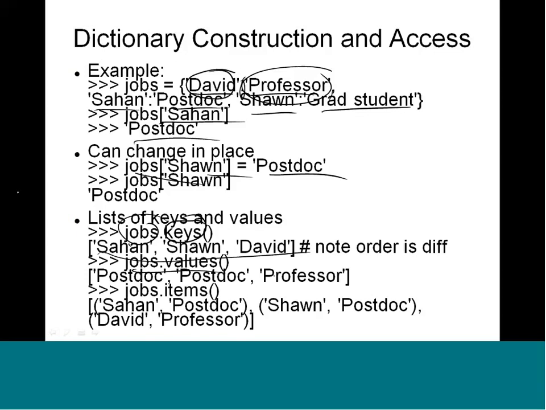And then values generates the corresponding values. So this is another method that you want to remember. Once you specify values, you get postdoc, postdoc, and professor, which are the jobs of these people.